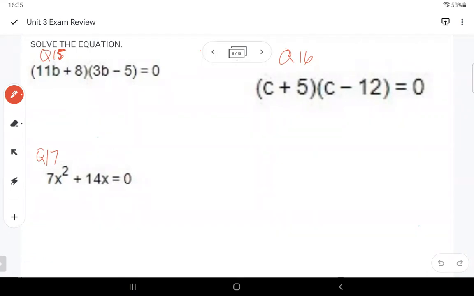So you just want to set each term equal to 0. So we would have 11b plus 8 equal to 0, and 3b minus 5 equal to 0. We're going to add 5. So we have 3b equals 5, divided by 3, divided by 3. So we could have b equals 5/3.